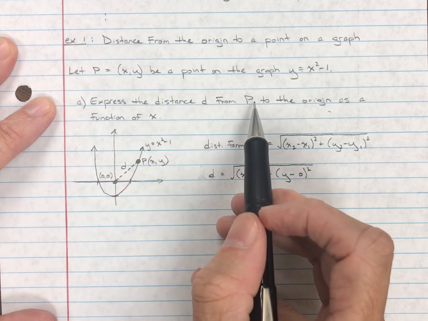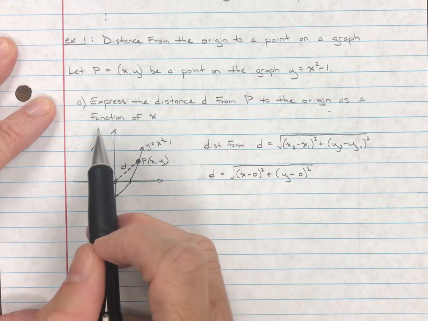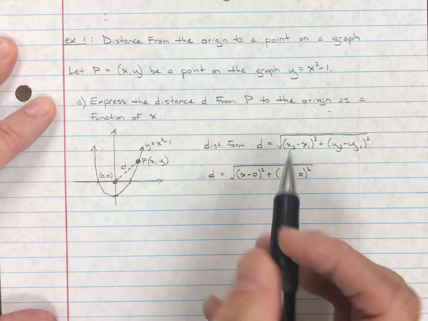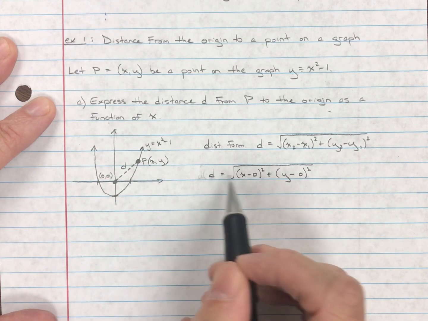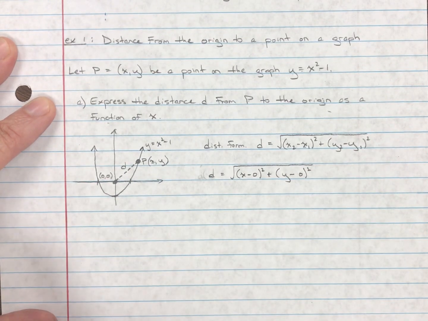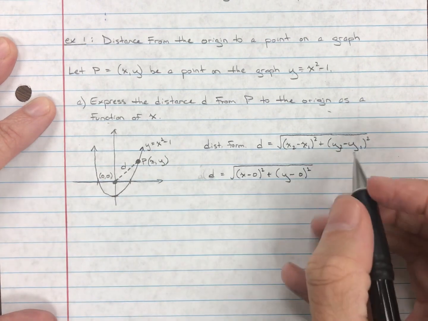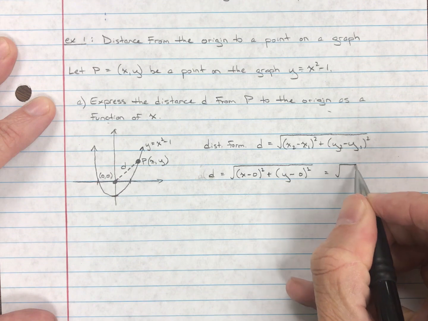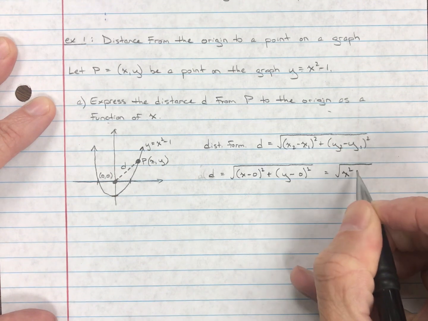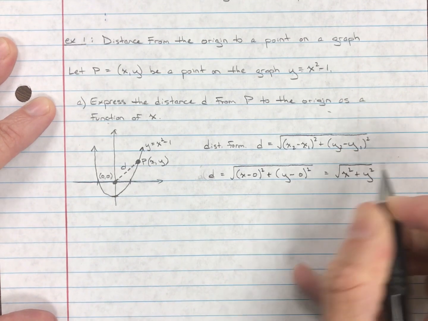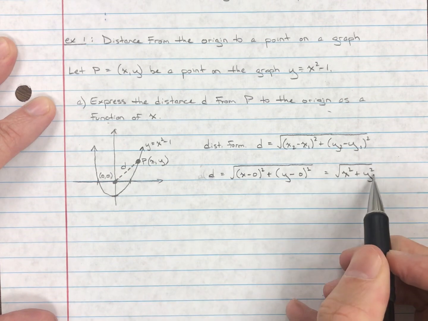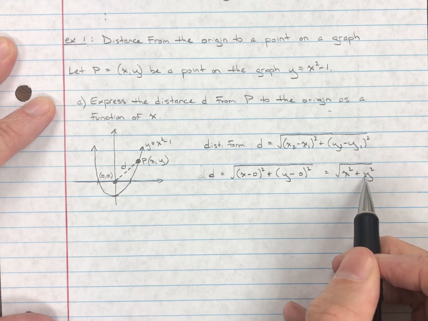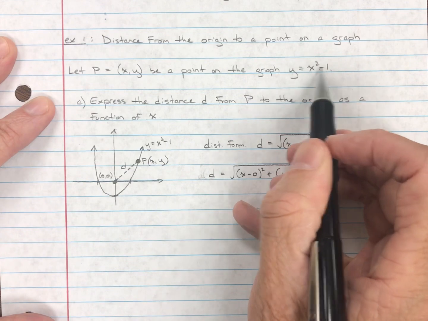Now I want to express this distance as a function of x. This distance has an x and a y in it, so it is not a function of x. But I know what y is: y is equal to x squared minus 1.